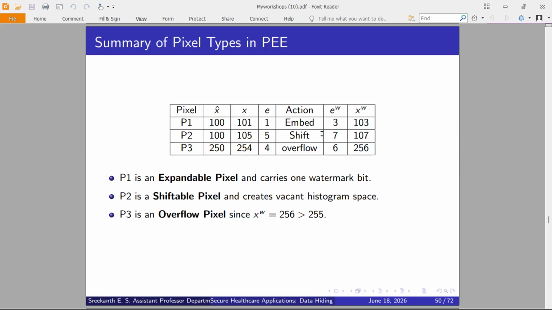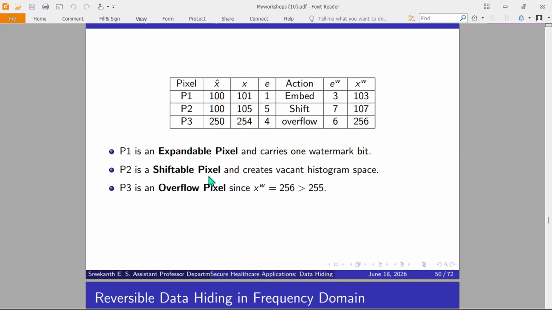Now here the difference is very high, so you need to shift. Here it is creating overflow because it is going out of boundary. If you embed, it will go out of boundary because 256 is out of the valid range. So you have to report the overflow to the receiver. That is the session about this.